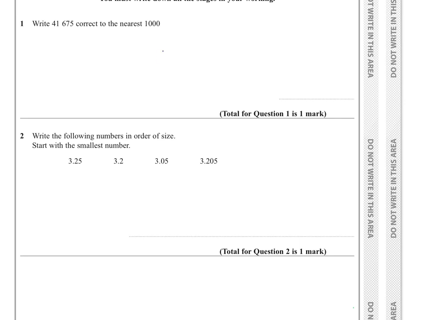Question 1. We've got to write 41,675 to the nearest 1,000. So here we have our units, our tens, our hundreds, and then thousands.